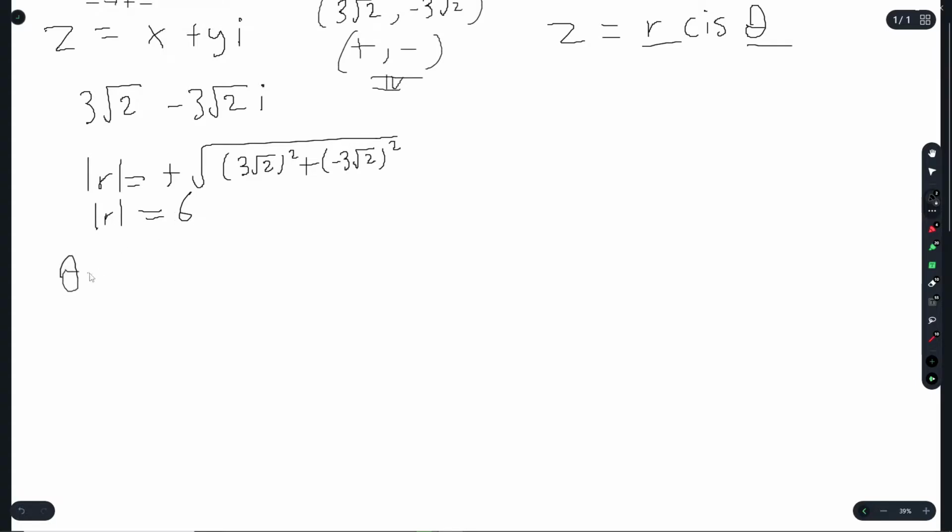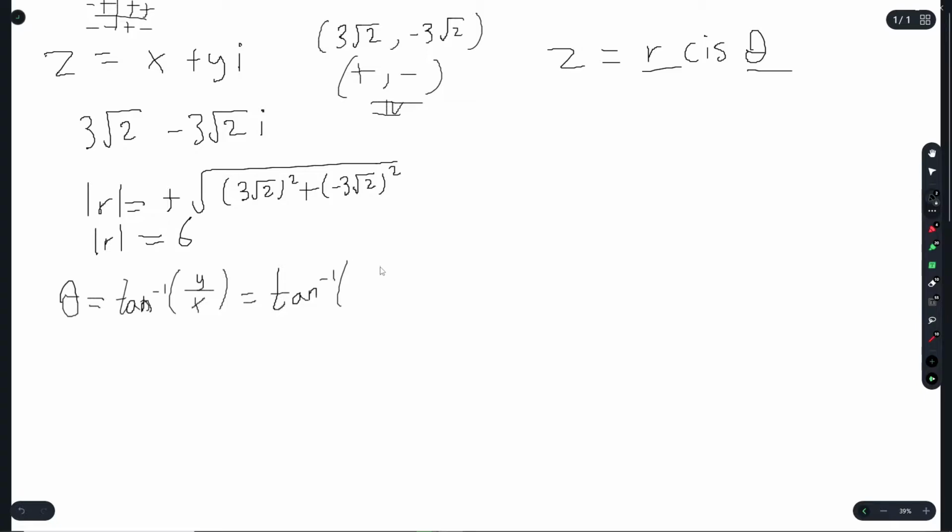So theta is equal to tan inverse of y over x, which is equal to tan inverse of negative 3 radical 2 over 3 radical 2, which is tan inverse of negative 1, which is negative 45. Then we find theta prime: shift tan on the calculator, negative 45, and you take the positive value, so it will be 45.